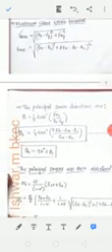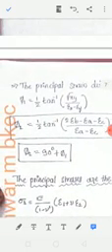Now the maximum shear strain becomes the same if you take the under root terms: gamma max equal to under root epsilon x minus epsilon y square plus gamma xy square. So gamma max equals under root epsilon A minus epsilon C square plus 2 epsilon B minus epsilon A minus epsilon C square. Like this it becomes equation number 6. Now the principal strain direction, I can write phi 1. Just take the general equation phi 1 equal to 1 by 2 tan inverse gamma xy divided by epsilon x minus epsilon y.